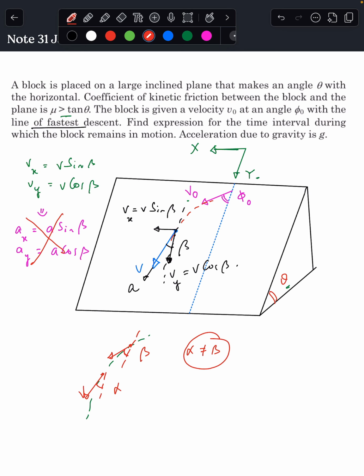That means the angle is changing. So when the angle is changing, you have to write ax is equal to d by dt of vx, and d by dt of vx is not simply v sine beta. Here v is changing, beta is also changing, so you can't write this set of equations, which is a wrong equation. So you have to be very careful.